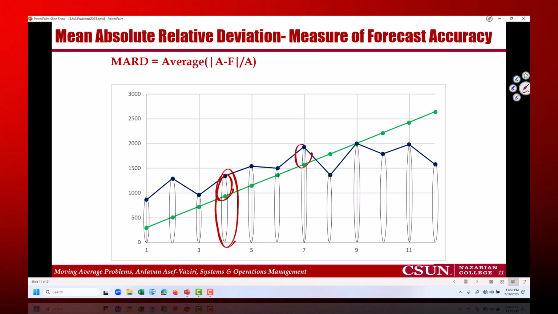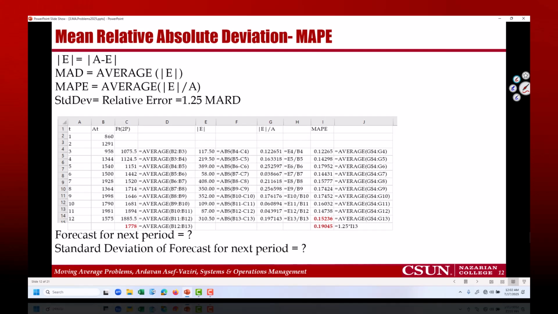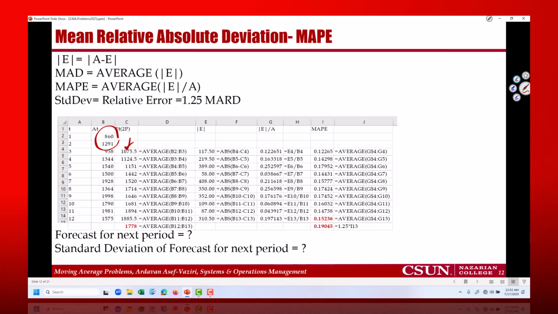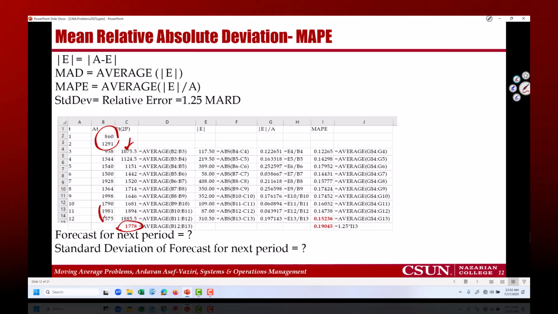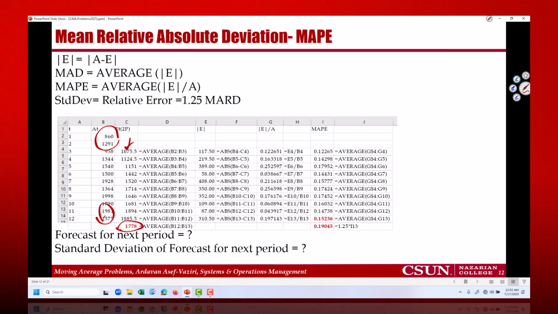With a 2-period moving average as my forecast, I take the absolute value of the gap between actual and forecast.